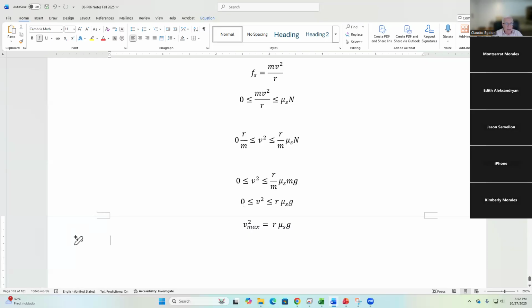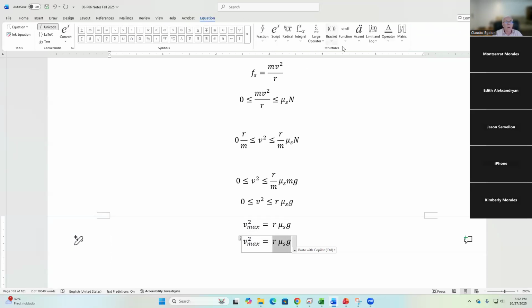And now we have r, we have g, and we have mu sub s under two different circumstances. Let's solve for the maximum velocity now. It should be the square root of that, and then just crank the numbers.